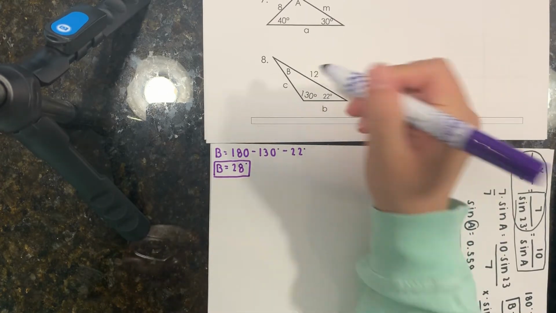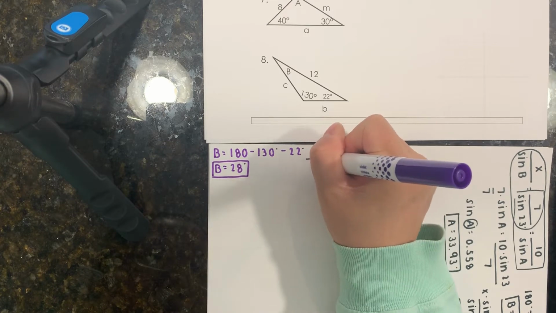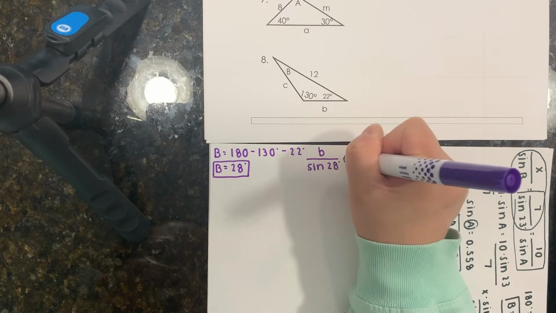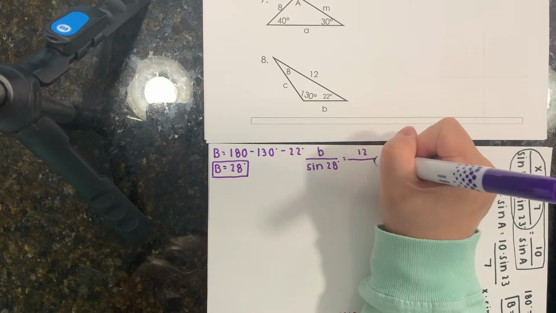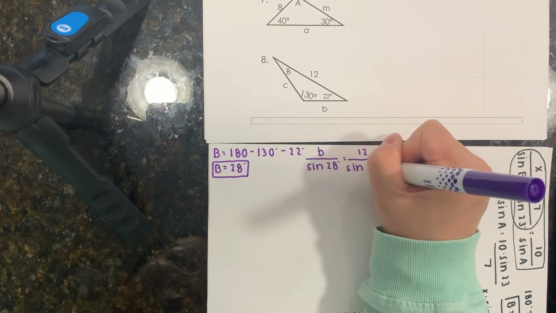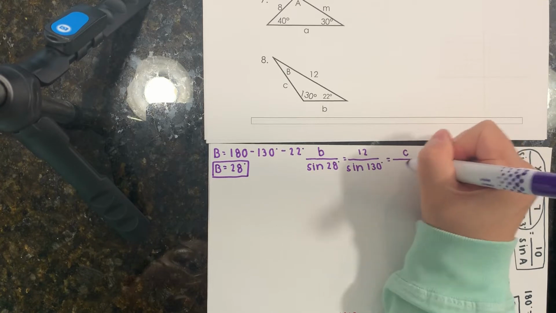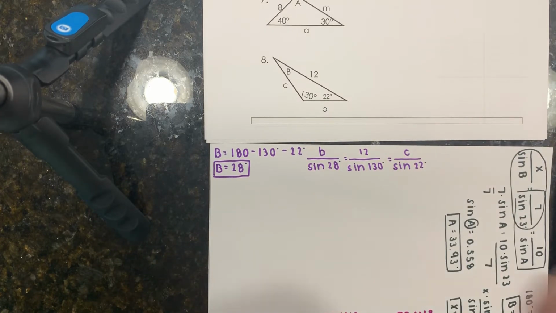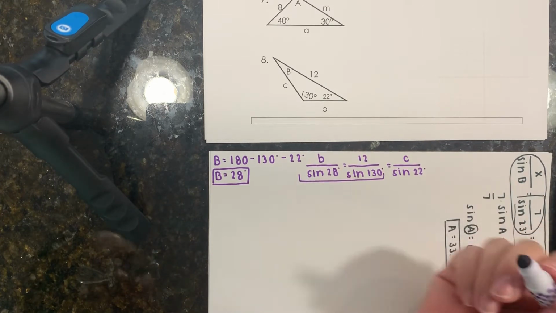So I'm going to do b over the sine of 28 equals 12 over the sine of 130 equals c over the sine of 22. I'm going to first solve for b, so I'm going to set up these two ratios and cross multiply them.